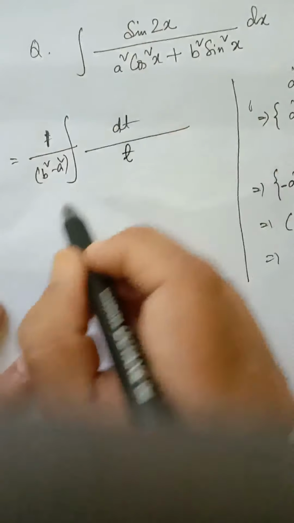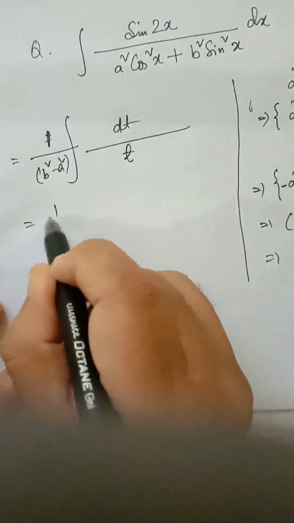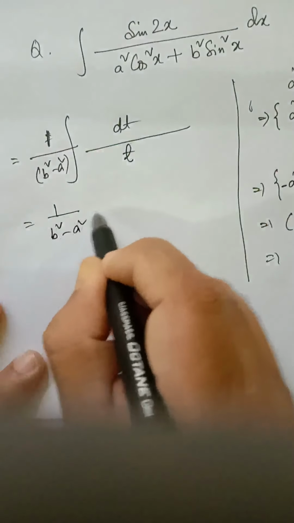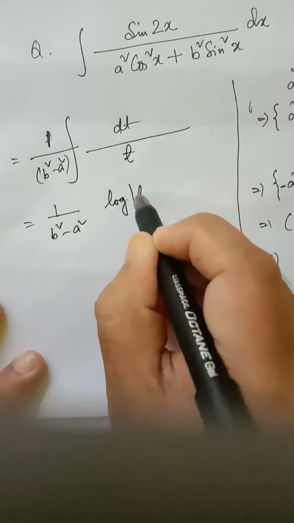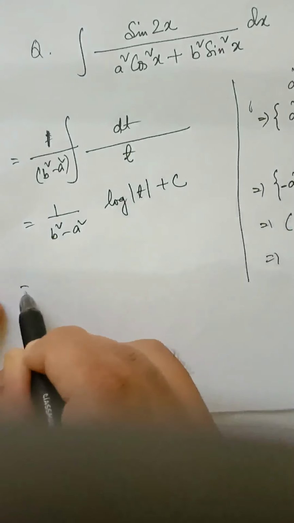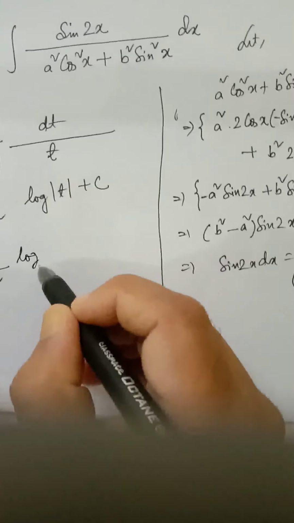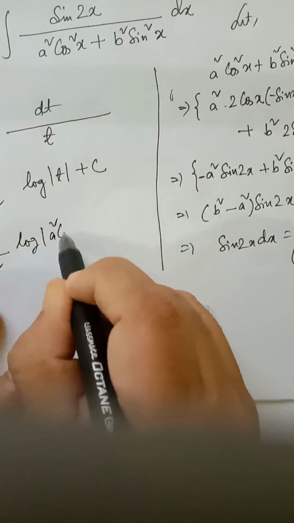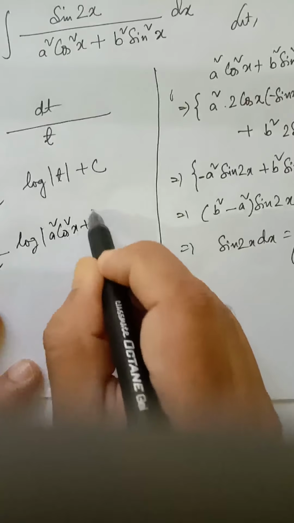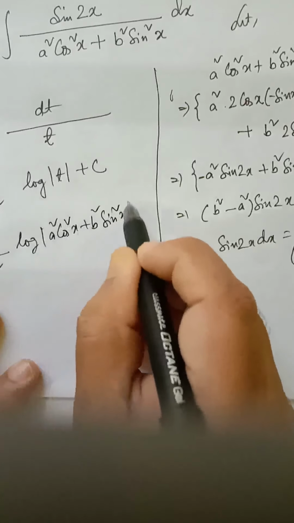Now 1 by t, the integration of 1 by t is log t plus c. So 1 by b square minus a square into log of t, where t is a square cos square x plus b square sin square x, plus c.